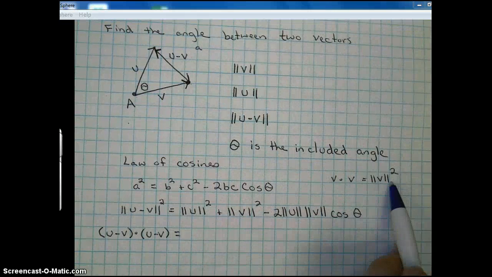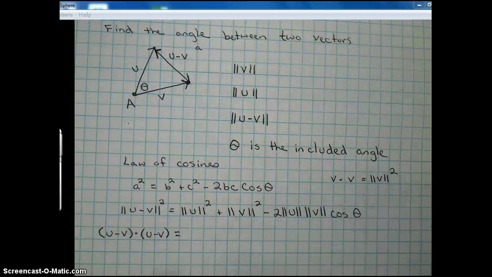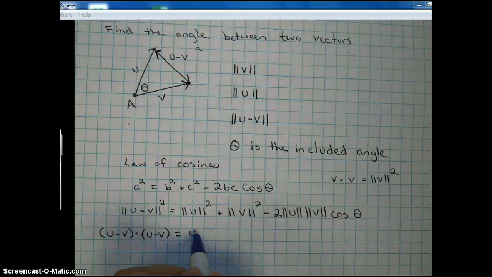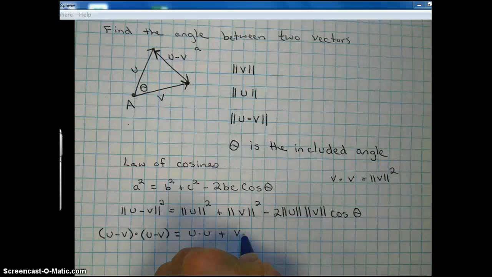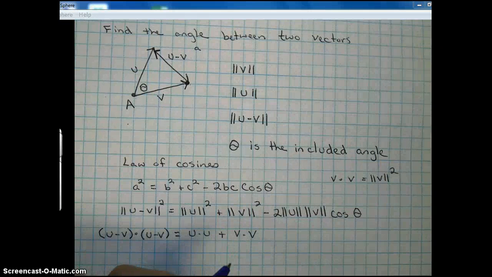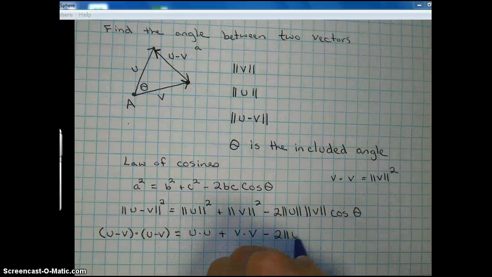So we're going from it looking like this to looking like this. So this would be u times u plus v times v, minus 2, and then we'll rewrite this part over here.